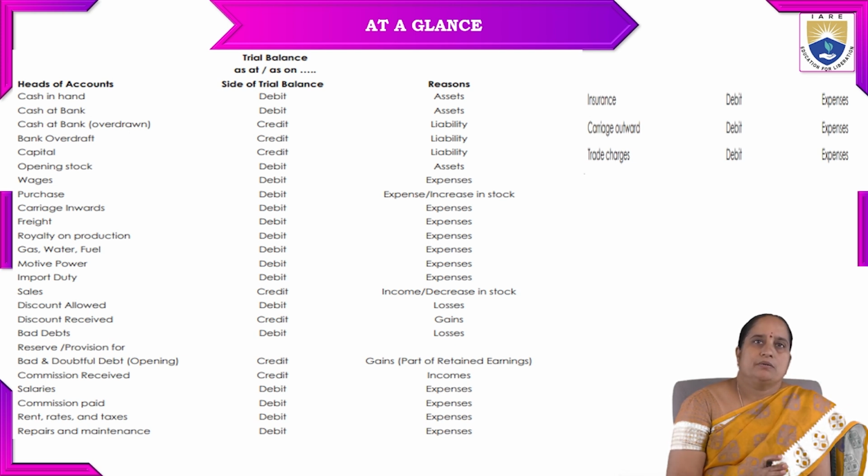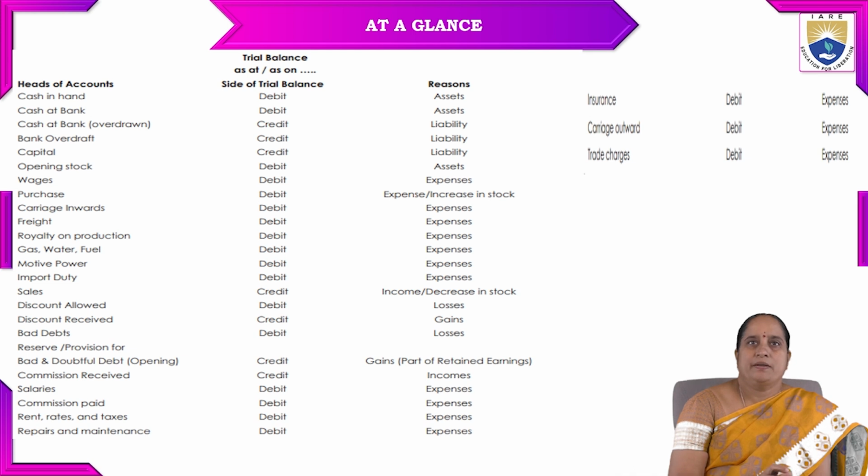Bank overdraft is on the credit side because it is a liability. Capital, as you are going to invest in the business, again is a liability, credit side. Opening stock, debit, as it is an asset. Wages, it is an expense, again debit side.